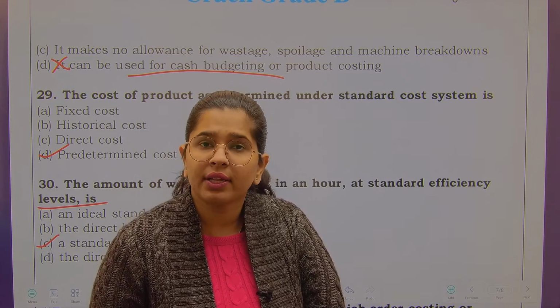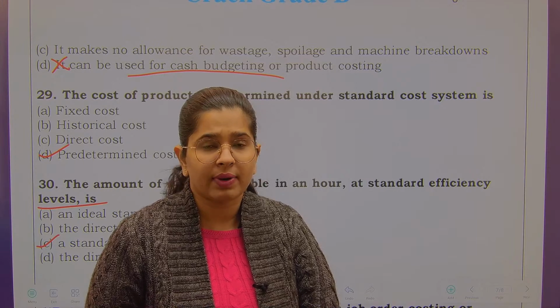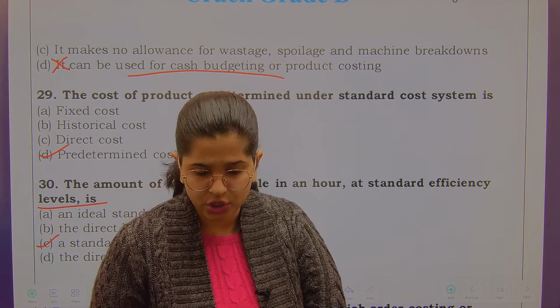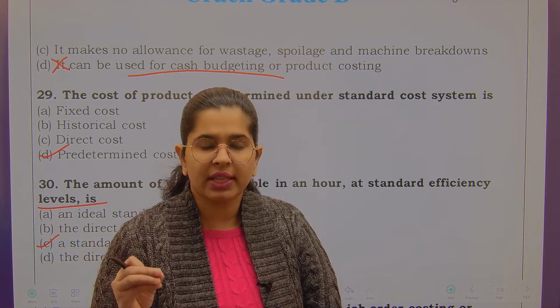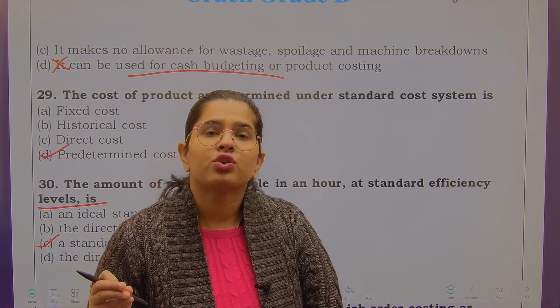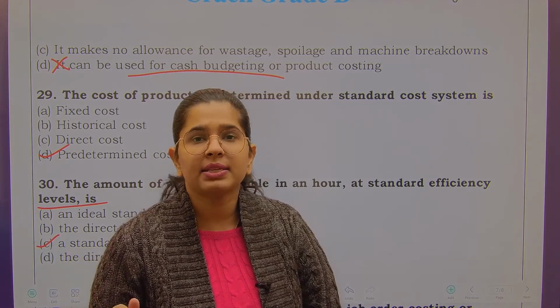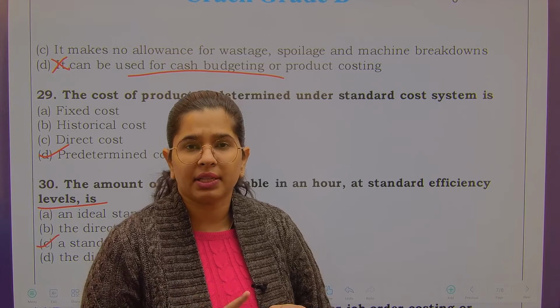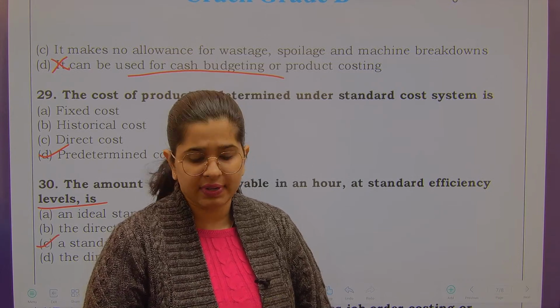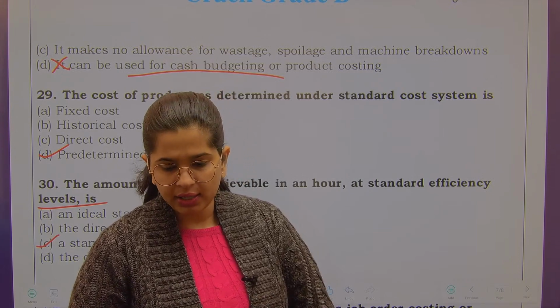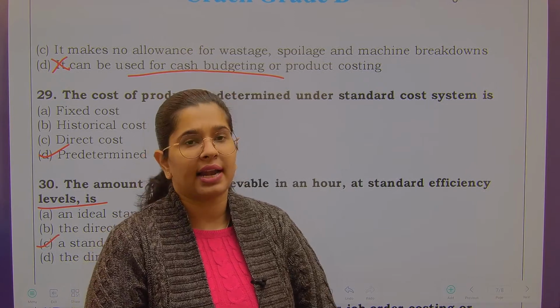You must know that in case of material we call it usage. So these are the little things where they can confuse you, so you should keep a tab on it. Please remember the formulas, please remember the definitions, what kind of standards we are talking about, and this is all that you need to do under your standard costing.